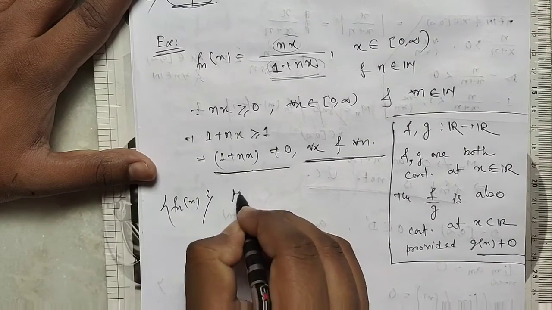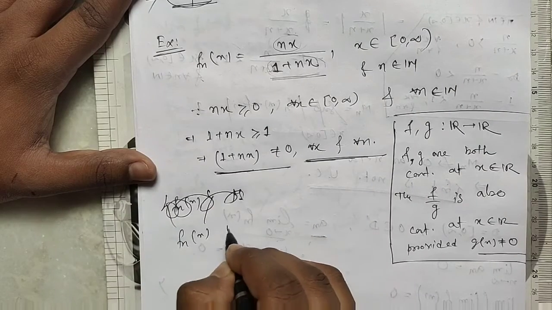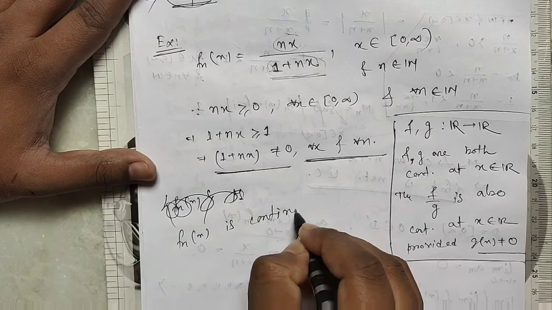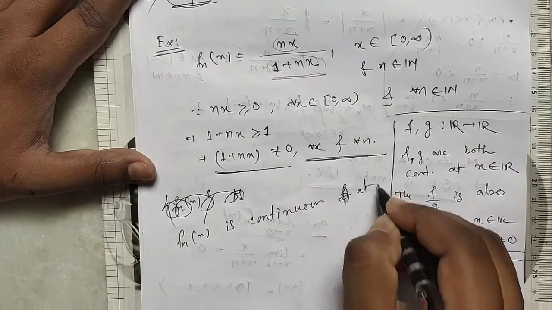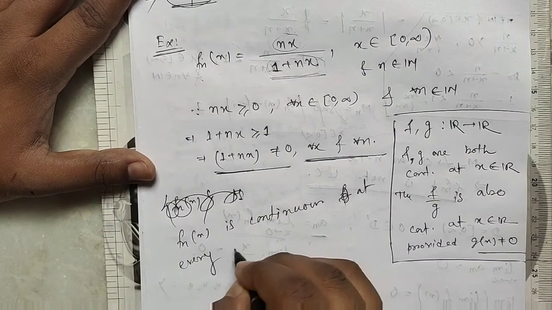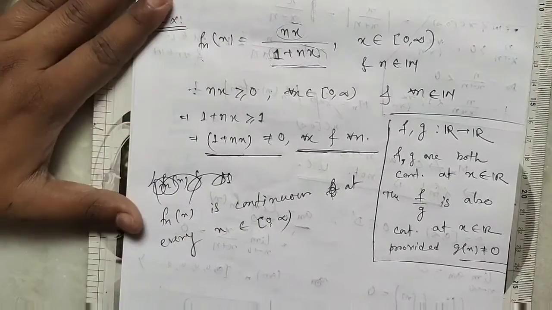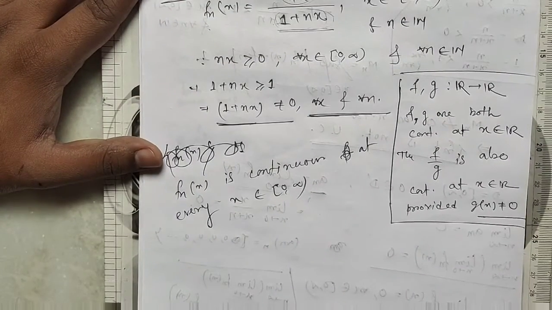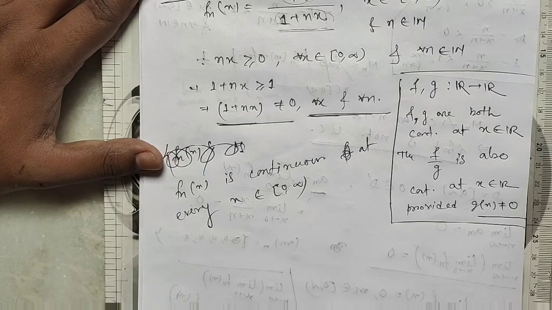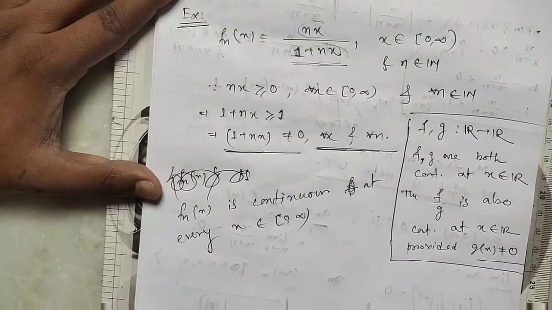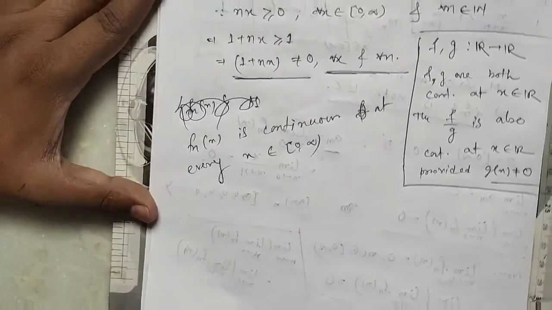So f_n(x) is continuous at every x belongs to [0, infinity), by this result.